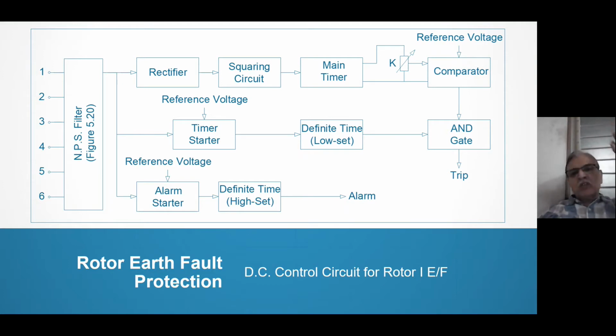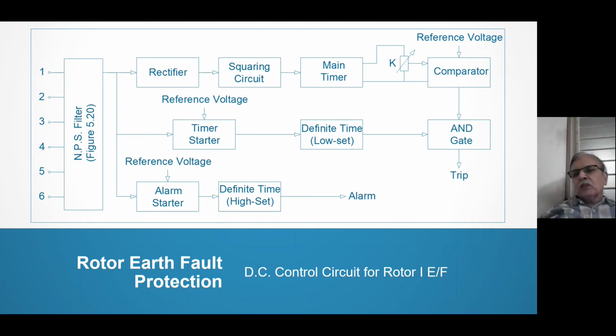I2 squared T equal to K. Then when we are doing that, we use the possibility of the generator to withstand the negative sequence current.